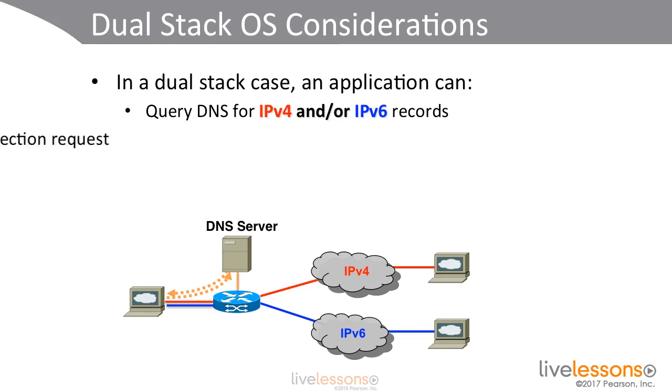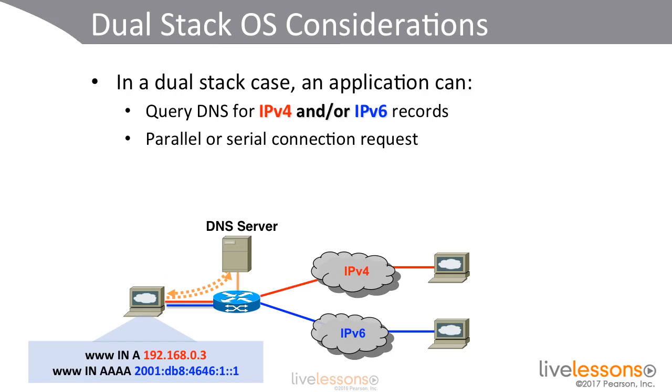And it really doesn't matter what protocol these queries are made over. They can be done in parallel or in serial. The host will receive that DNS information, an A record for the IPv4 address, and a quad A record for the IPv6 address. So now the host is going to try and make a connection request.